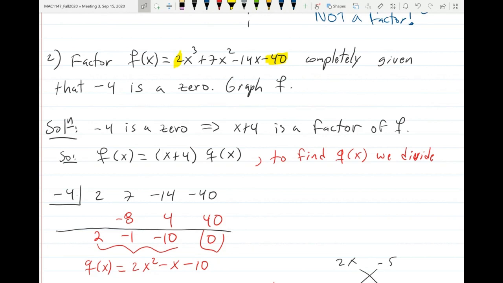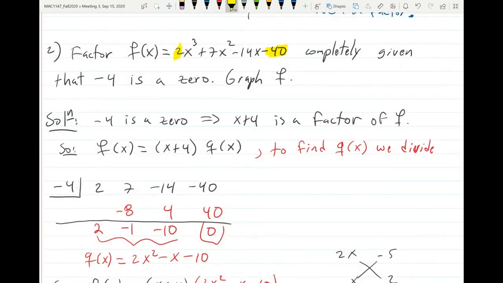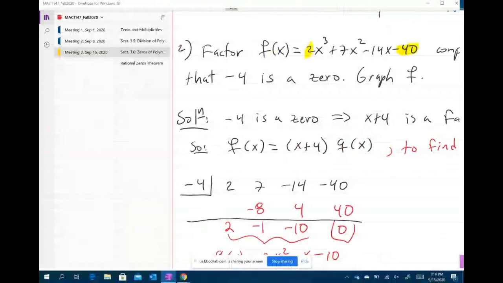Okay? So what the rational zeros theorem says is that if your polynomial is going to have a rational zero of the form a over b, then a must be a factor of the constant term, and b must be a factor of the leading coefficient. That's what the rational zeros theorem says. So let me write that down.